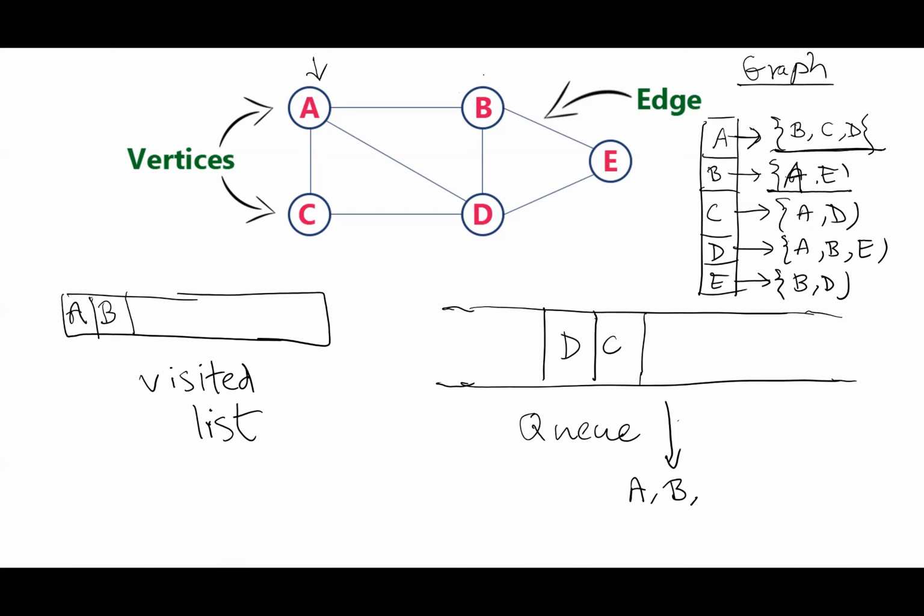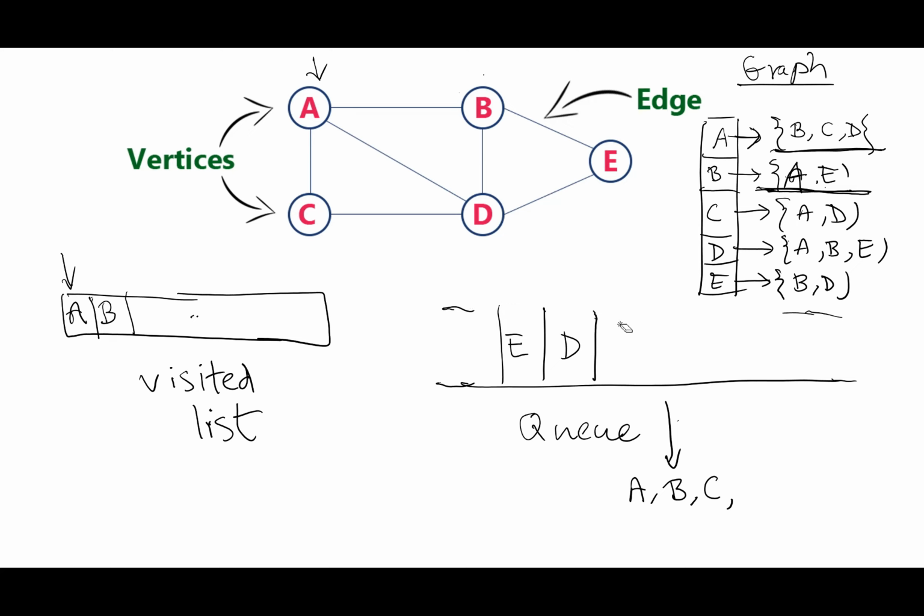If any of my neighbors are already in the visited list, I'm not going to put them into the queue. I see that A is in my neighbors list, but A is already in the visited list, so I don't put A again. Instead, I want to put E, and E is not in the visited list, so I put E, right?